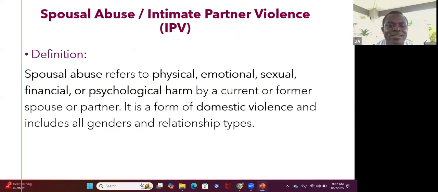So this simply means any physical, emotional, sexual, financial, or psychological harm by a current or former spouse or partner. That is what intimate partner violence means.